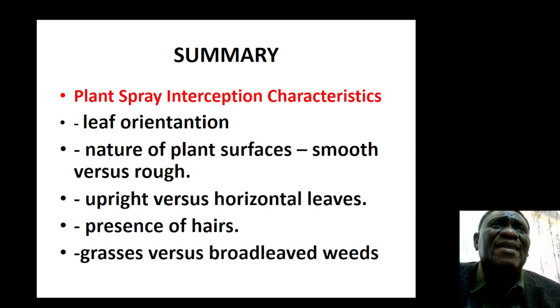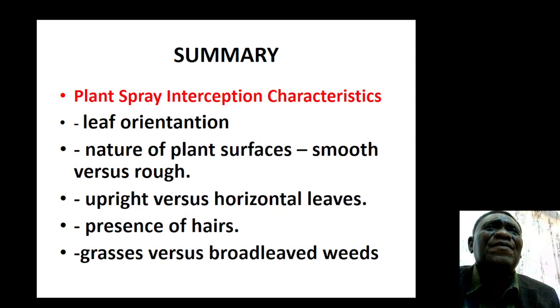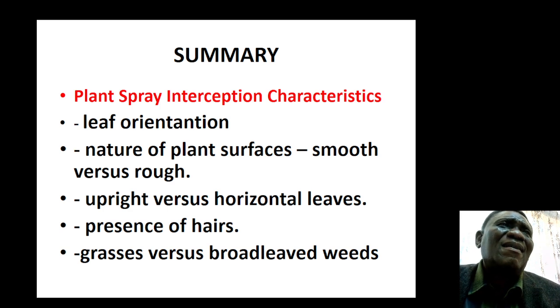Here is the summary of non-physiological processes which result in herbicide selectivity. Number 1, plant spray interception characteristics.